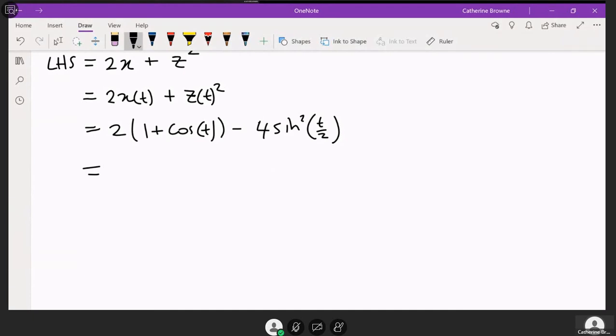So we want to use the double angle formula, so we're going to rewrite it like this. Oh, that should be a plus.